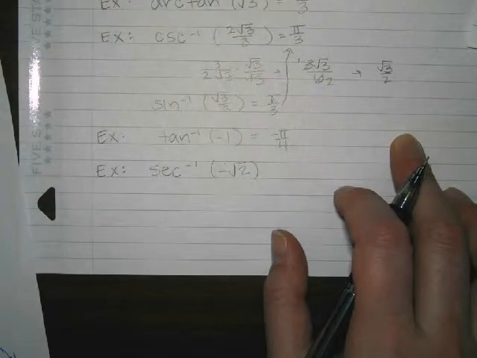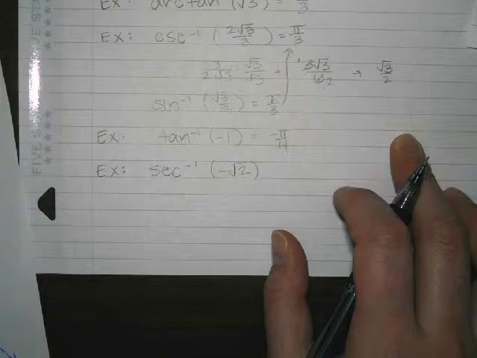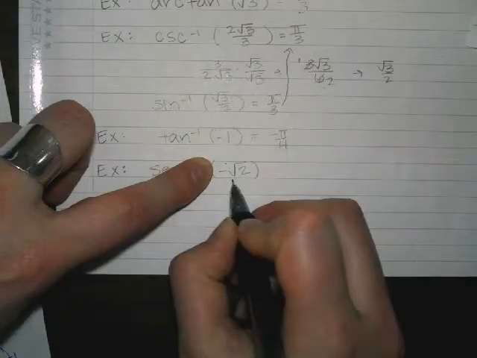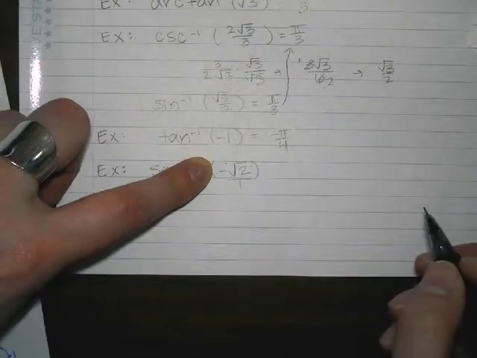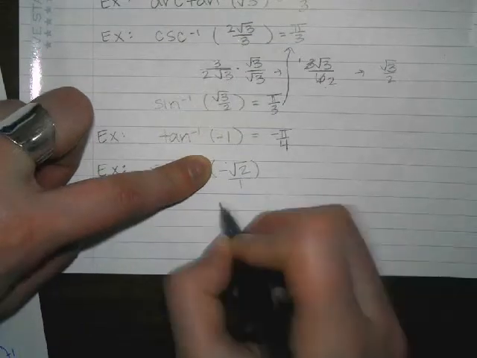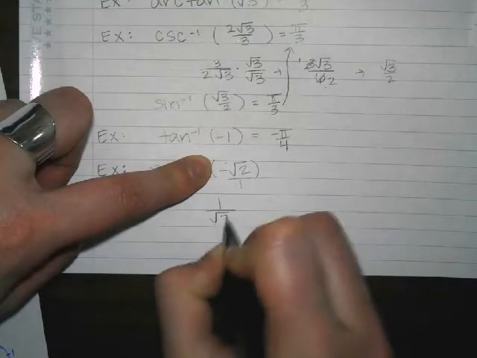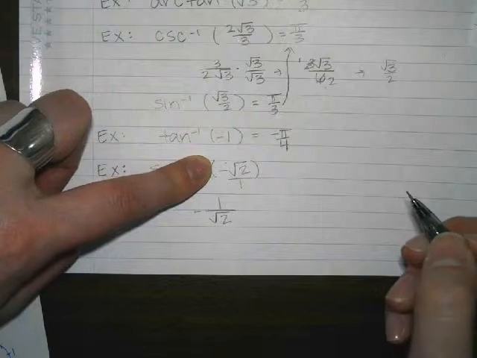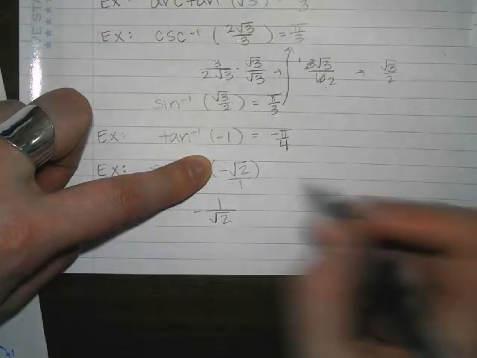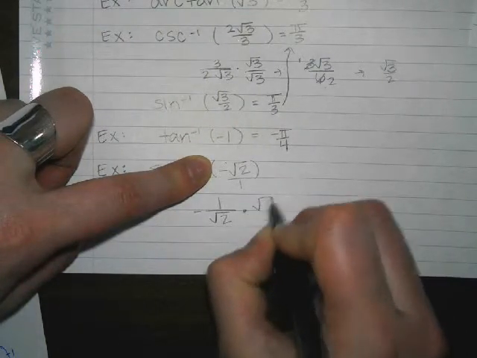We're going to think of it as a fraction, and we're going to flip the fraction, because then we can just look for cos inverse, okay? So if I think of this as a fraction, it's over 1, so what do I get when I flip it? 1 over square root of 2, and there's a negative in the front. And how do I fix that? Multiply by square root 2.